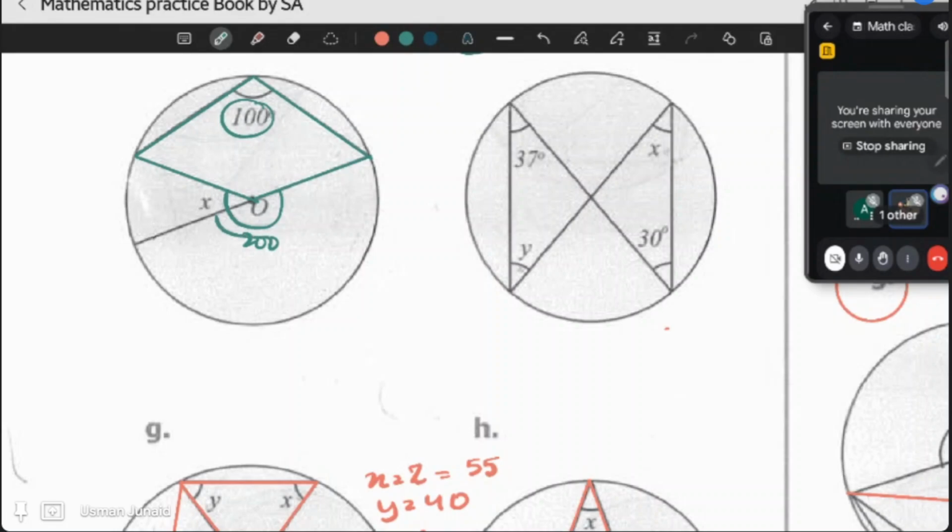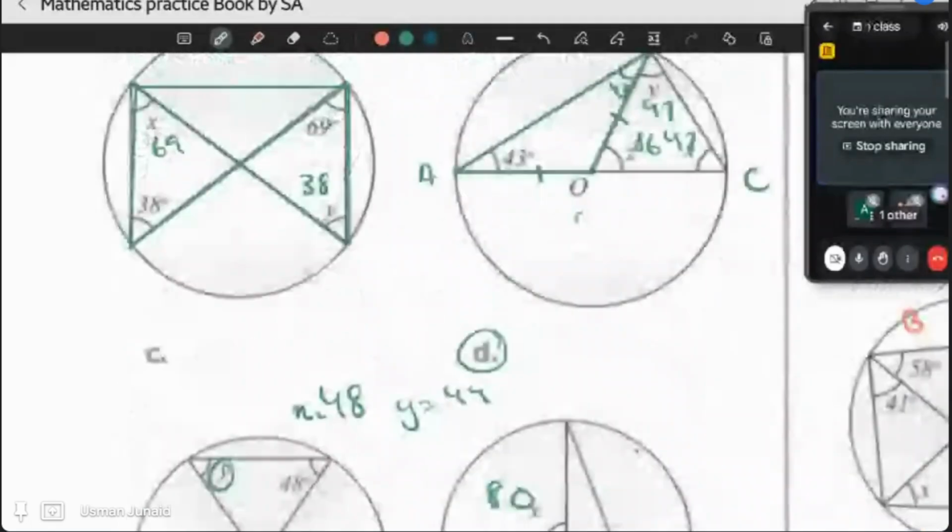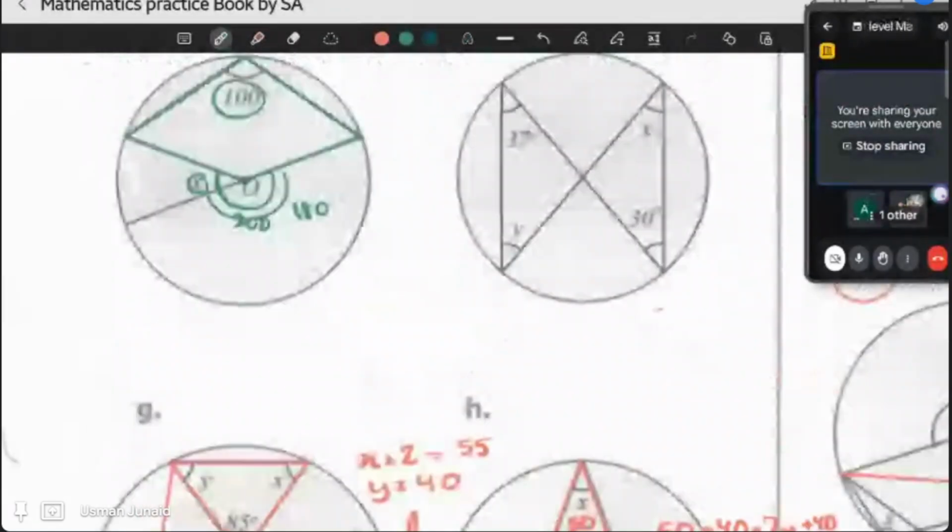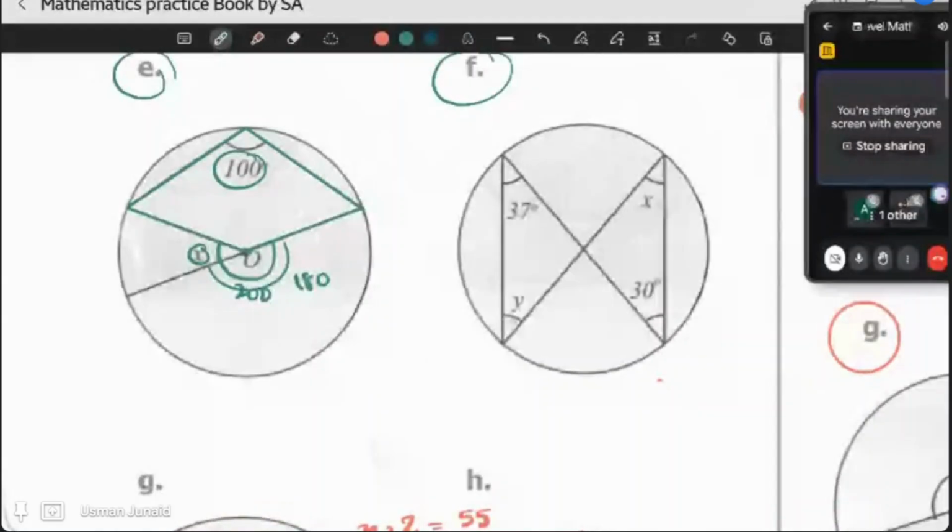And we know that from here till here is 180. So 180 minus करके ये निकल सकता है. What is 180 minus 200? 20. ठीक है.